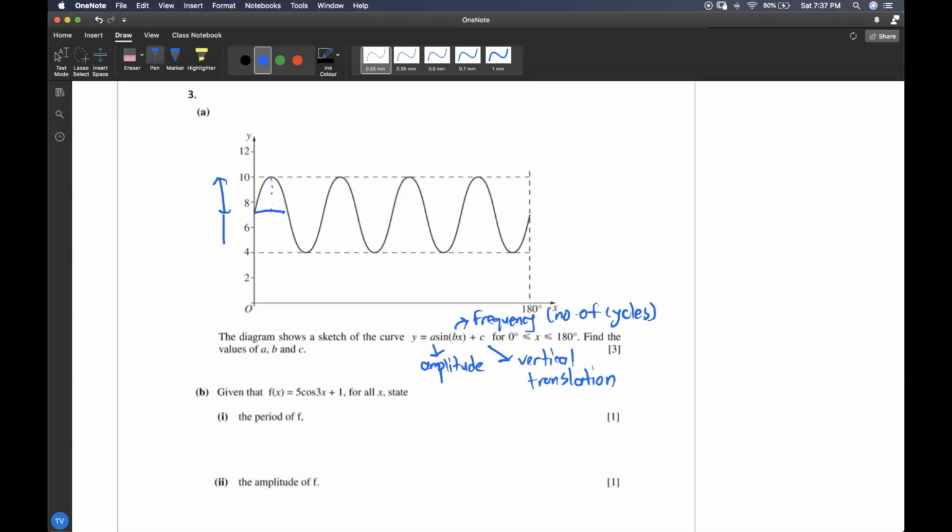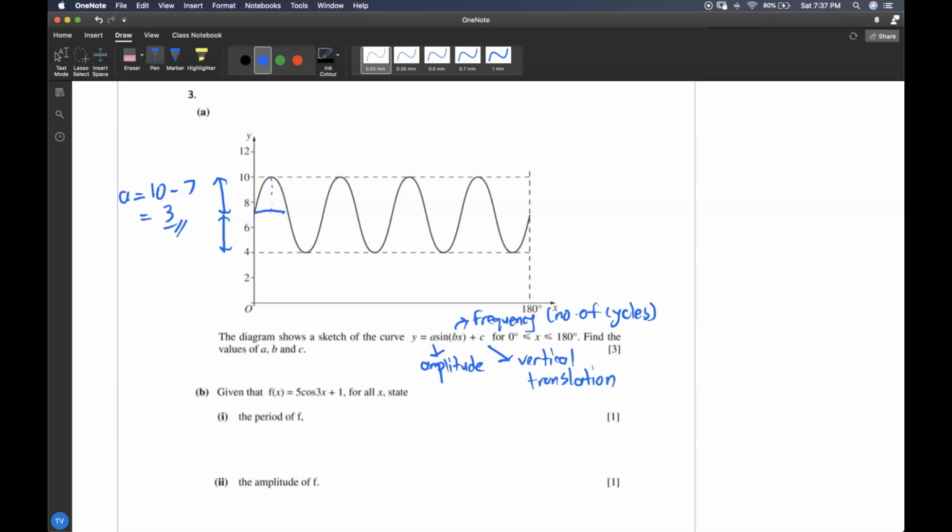This can also be your amplitude. It's either you take the minimum or you take the maximum. It's easier if we focus on the maximum, because we are looking at positive values. So A, or amplitude, is equivalent to 10 minus 7. We end up getting 3. So that's your answer. A is equal to 3.